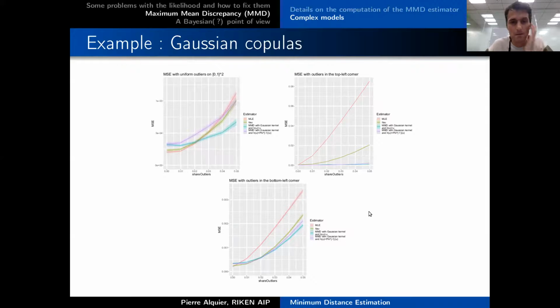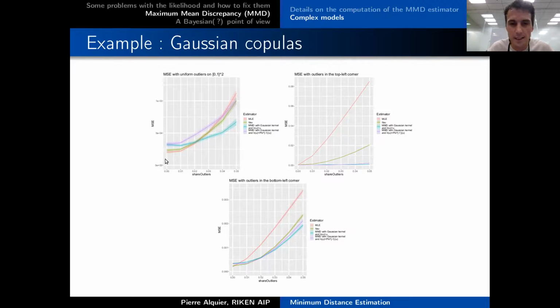So here it's a Gaussian estimation of a Gaussian copula. On the left panel, it's more like Huber-type contamination. In this case, the blue one is one version of the MMD, and you see that it's less good than the red one, which is the MLE, when there is no contamination, which is okay, fine.